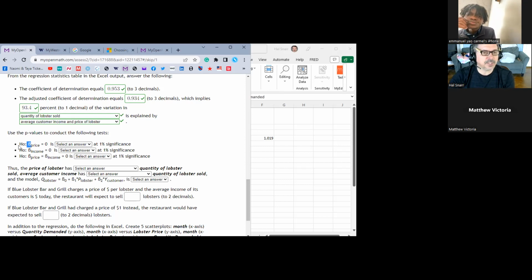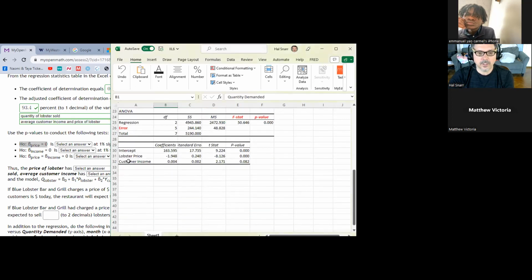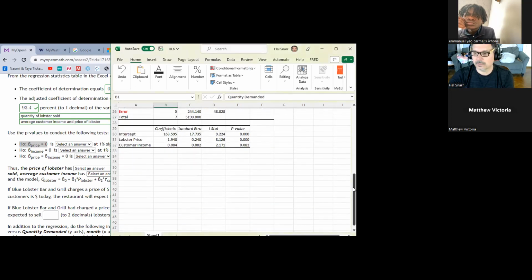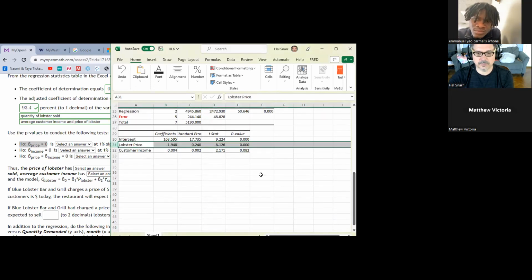We've estimated, right? So when we're testing that hypothesis here, we're looking at the p-value of lobster price, right? We're looking at this. You see that? And our significance level is 1%. Most businesses use 5% significance, right?